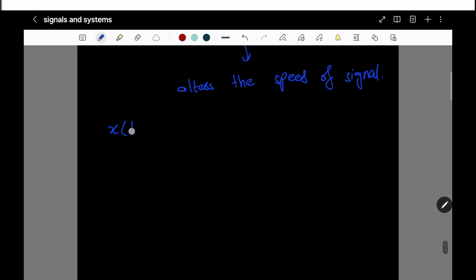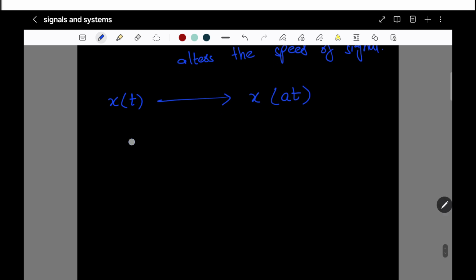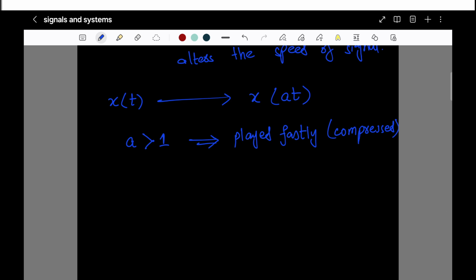So you have a signal x of t, and the scaling is simply you multiply the independent variable with some parameter which is a. Let's say if a is greater than 1, then the signal is played fast, which means that now the signal is compressed, because previously the sound that you were able to hear in 1 second is now compressed.